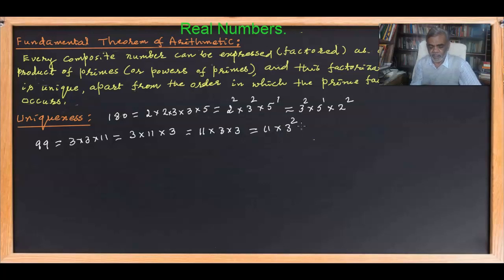The only order is getting changed, but the prime factorization, the prime powers, are the same, and therefore the expression of a composite number as a product of powers of primes is unique.